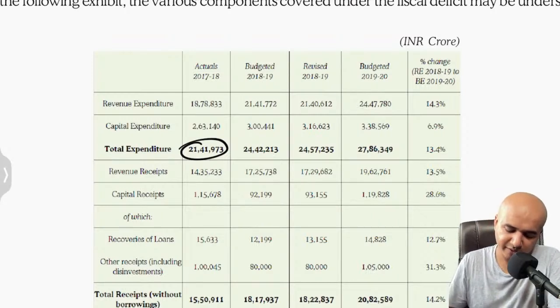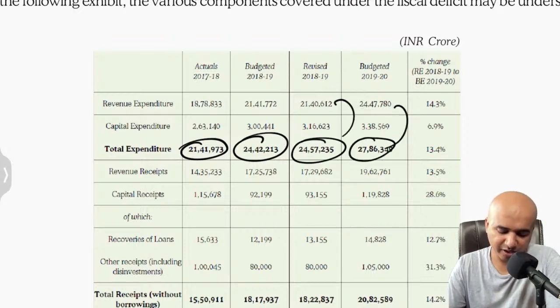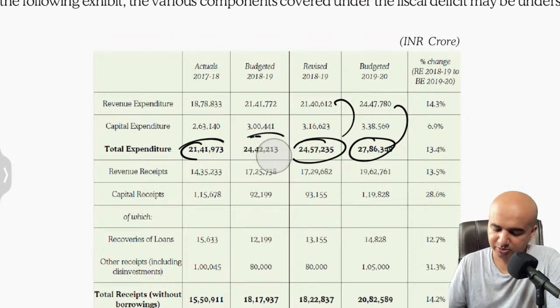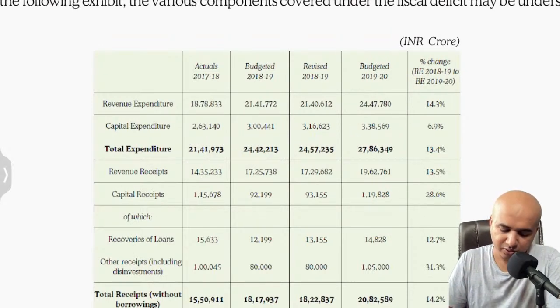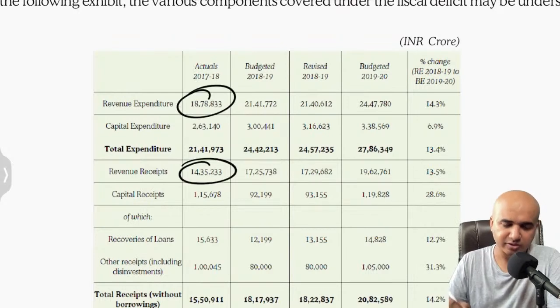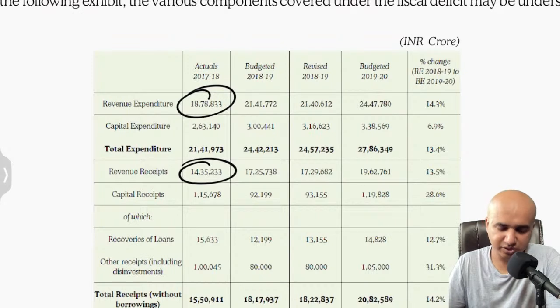In fact, if you look at every year, the same thing is happening. This is the revenue total now. My mistake, so revenue expenditure and revenue receipts. So this is the comparison. 18,78,833 was our expenses, whereas our income or revenue receipts is only 14,35,233.